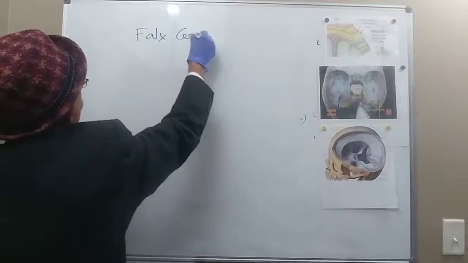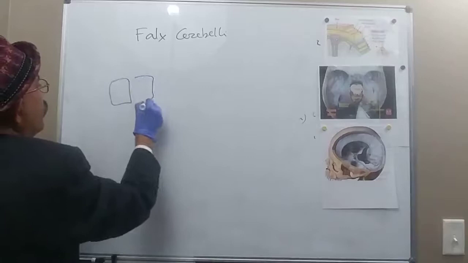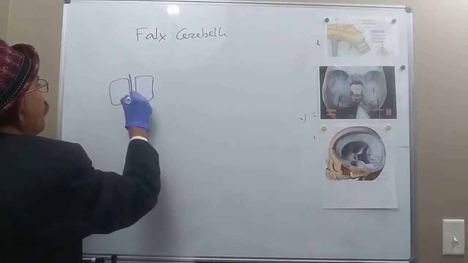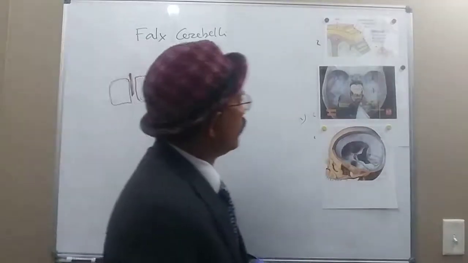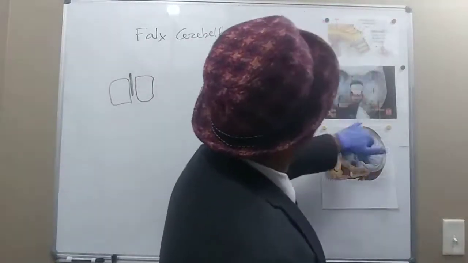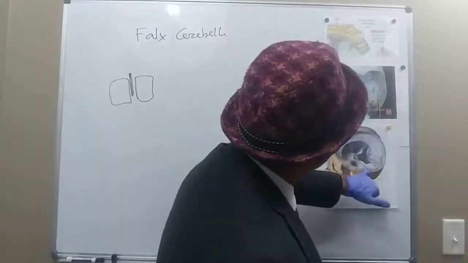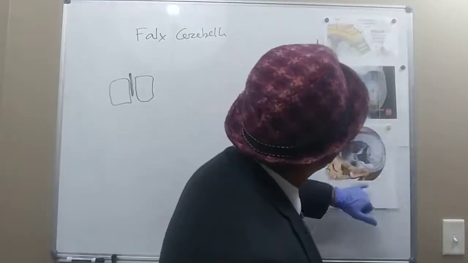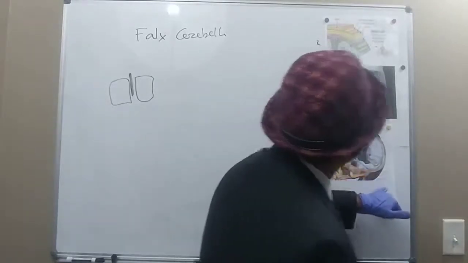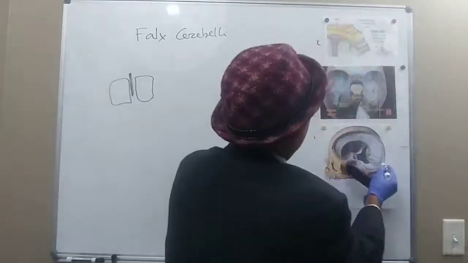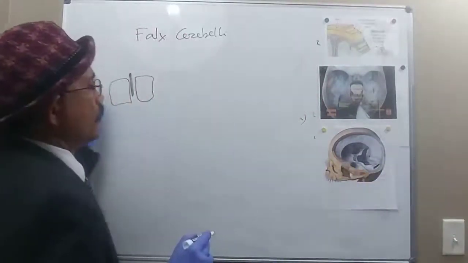Between the two cerebellar hemispheres we have the falx cerebelli. Here they have shown the falx cerebelli, not the falx cerebri. This is the location of the falx cerebelli. Okay, we got that.